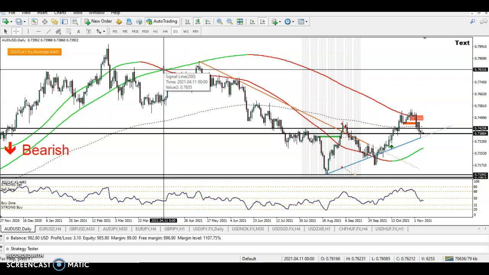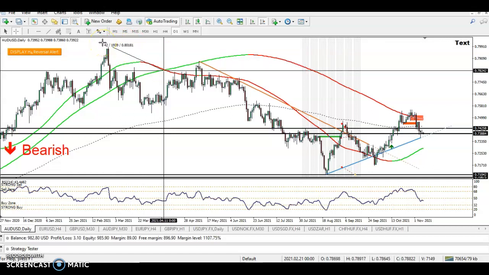Say we were to enter at the cross of the 200 and 500 HMA and put our stop loss above this high. February 2021.